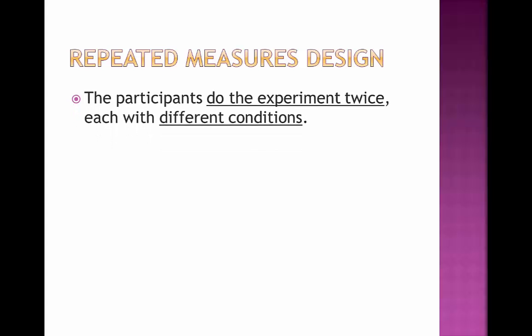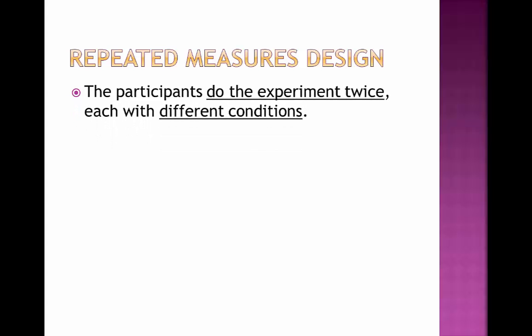So there's three forms of this design, and the first one is called the repeated measures design. It's basically a design where the participants have to do the experiment twice, and each time they do it with different conditions. Let's have an example scenario. Let's say we are conducting an experiment where our participants have to memorize a pack of cards.